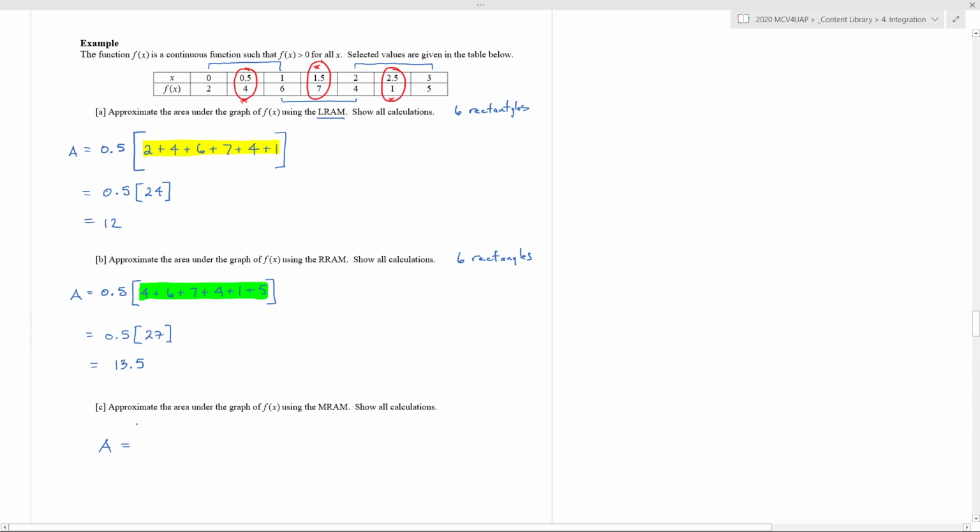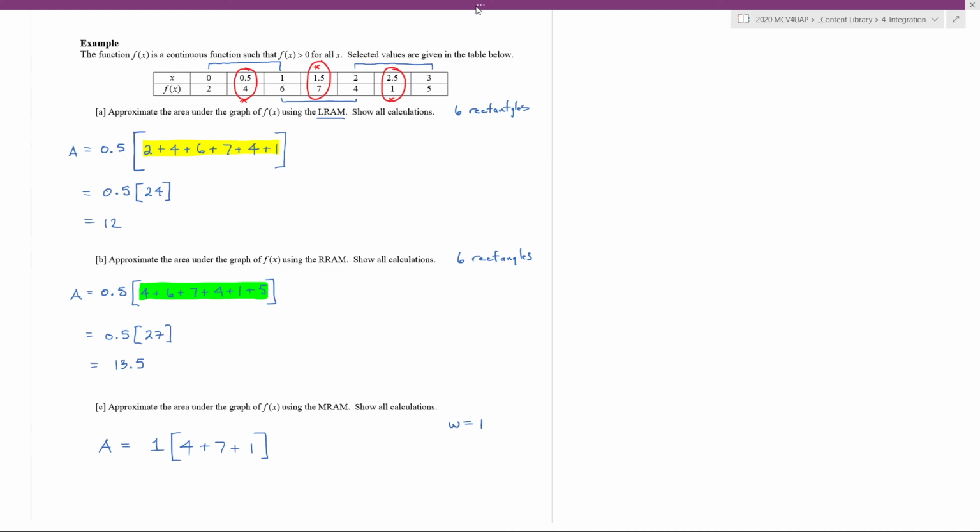The height at the first midpoint is 4, the height at the second midpoint is 7, and the height at the third midpoint is 1. It's these values here, 4, 7, and 1. Then I just add those up and multiply by 1, and I get 12.